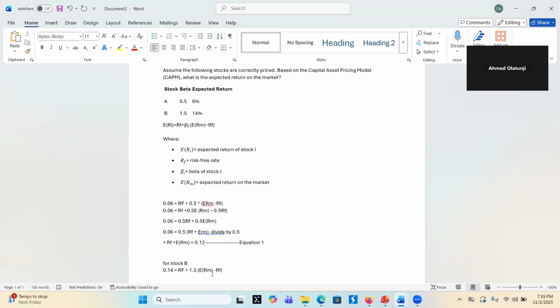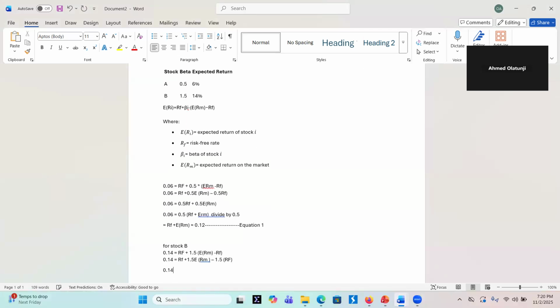So we have 0.14 equal to RF plus 1.5 times ERM minus RF, the same way we did the first one.